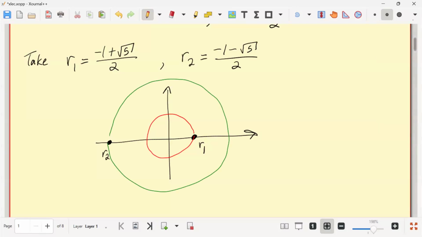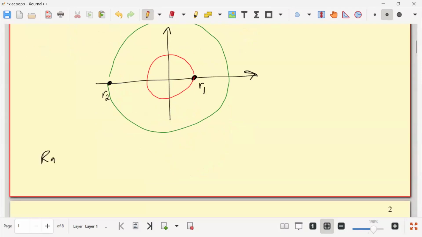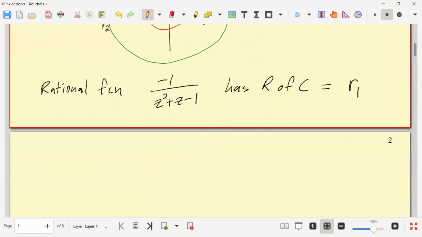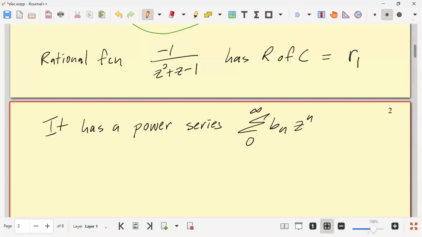Okay. But here's the fantastic thing we realized. Now that we know that this function, the rational function, minus 1 over z squared plus z minus 1, has radius of convergence equal to R1, the golden ratio, we know it has a power series, the summation of bn z to the n from 0 to infinity, that converges.